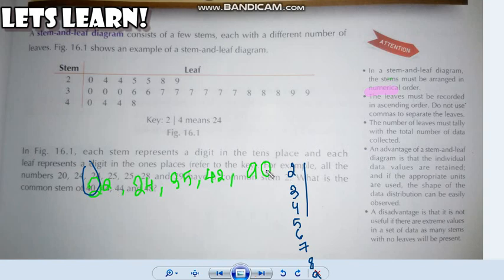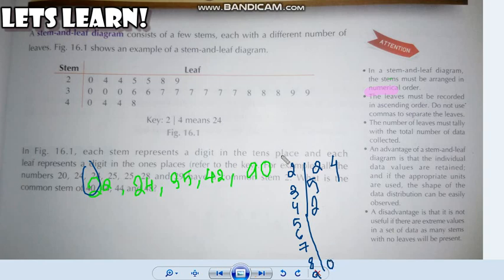If you see, here I'll get 2, I will have 4, I will have 5 here, I will have 2 here, and for the rest of the stems I will have no numbers. No leaves for 5, no leaves for 6, no leaves for stem 7, no leaves for stem 8, and then I will have a leaf for stem 9, that is 0.